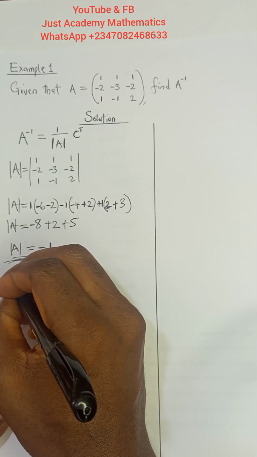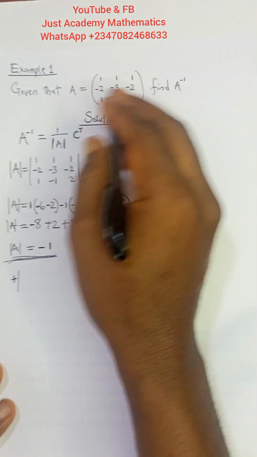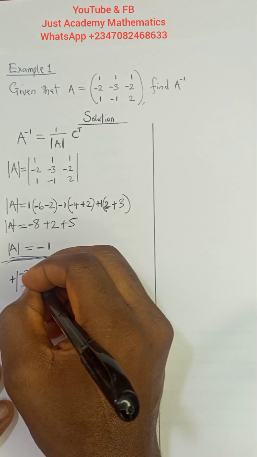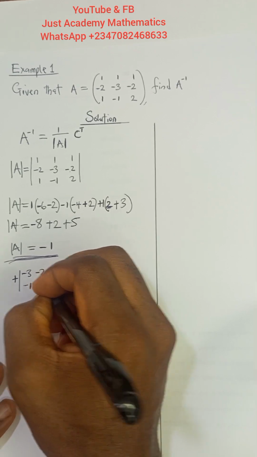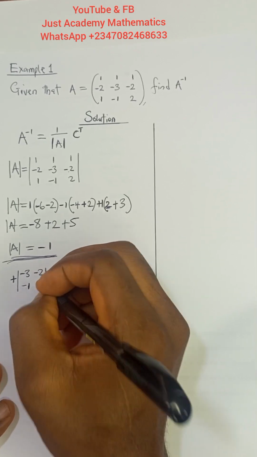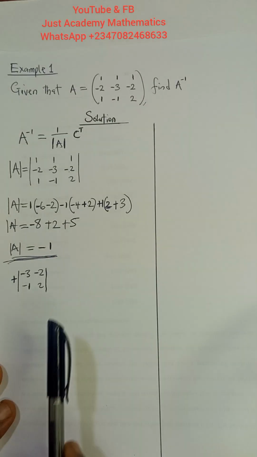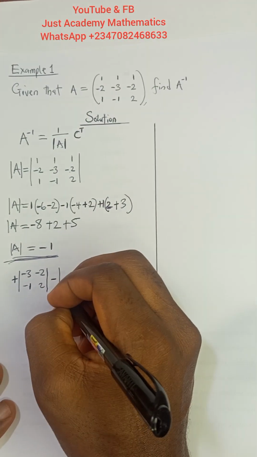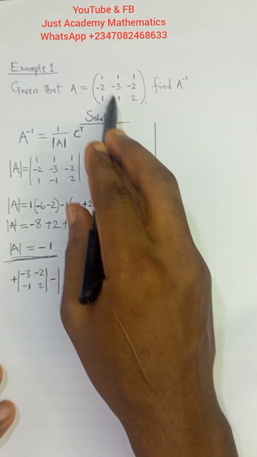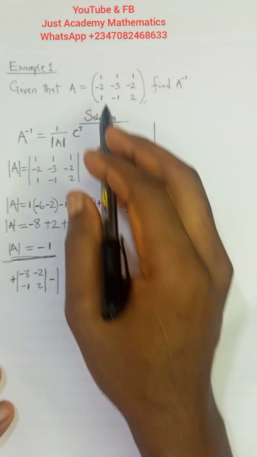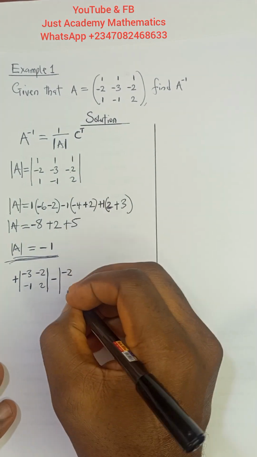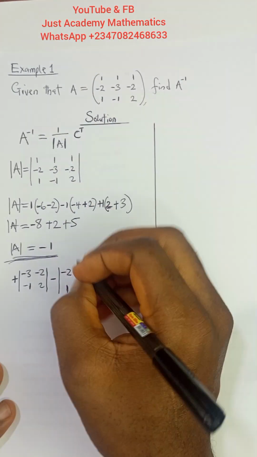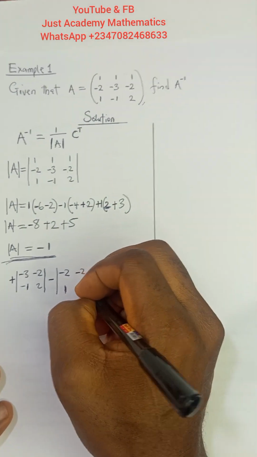I start with plus, I'm left with -3, -1, -2, and 2. That is the first one. Then I go for the second one, minus. Here will be minus. When here is minus, out, we are left with -2, 1, and -2, 2.